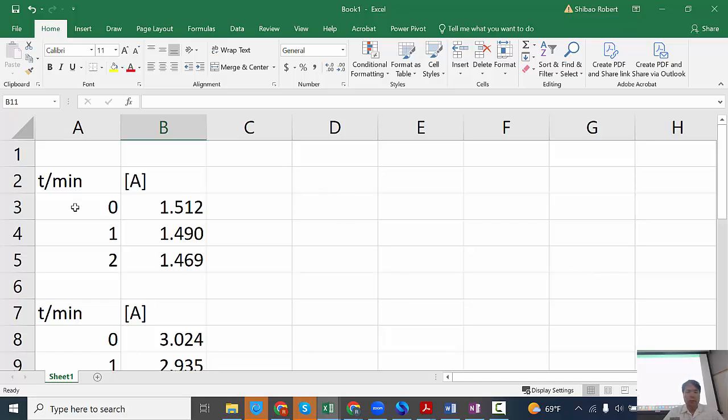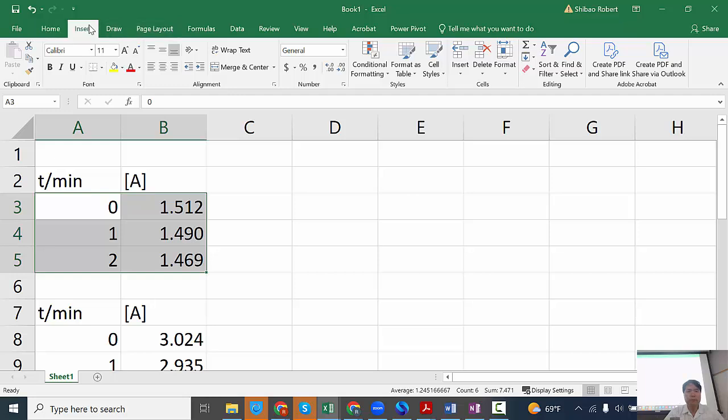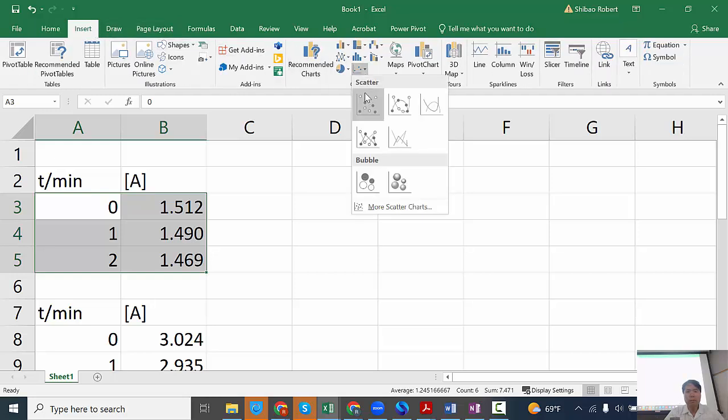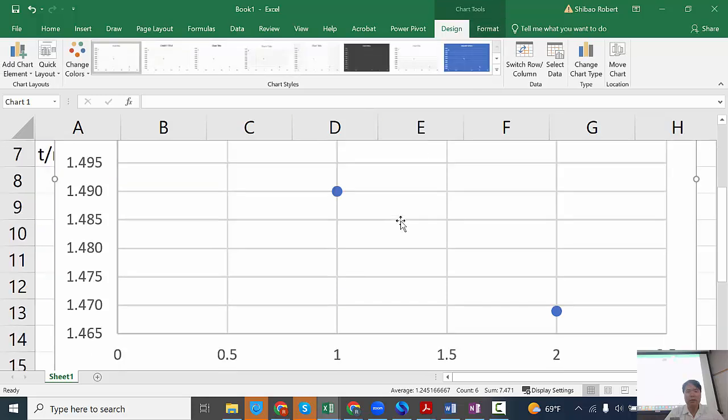All right. So I'll select this data first and then just make a plot. And so insert. The chart I'm going to do is just an XY scatter chart like this.